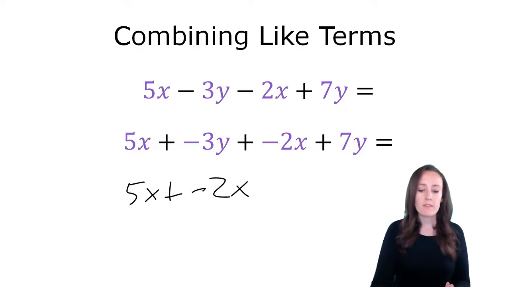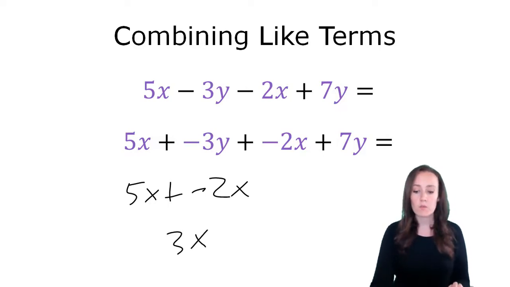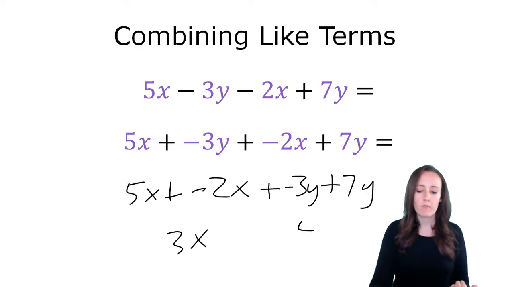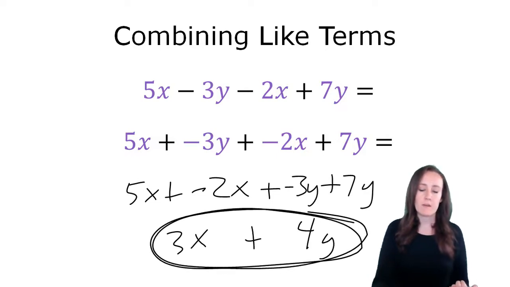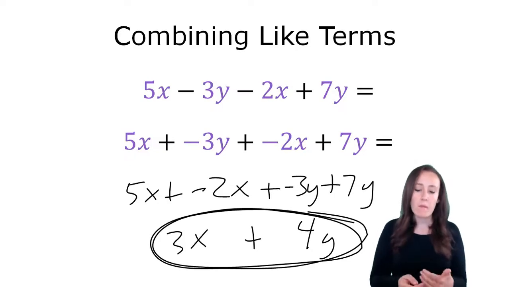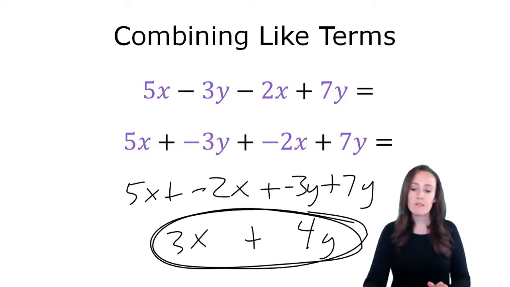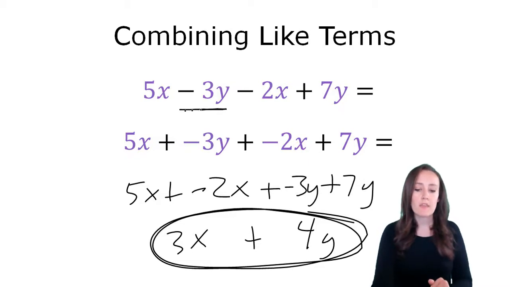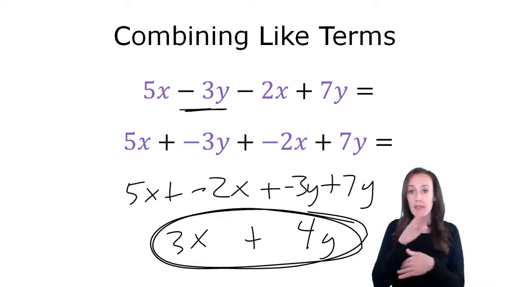And then you could combine those to say that you have 3x's. And with the y's, you could rearrange that addition to say that you have plus a negative 3y plus 7y, which means that you would have 4y's. And that would be your simplified expression. But that's only possible because we rewrote it as adding negatives, because you can't rearrange subtraction, but you can rearrange addition.